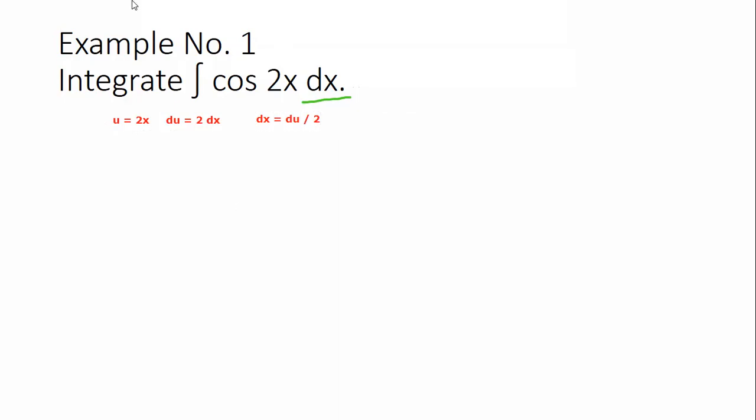After that, we substitute in the formula. This will be the integral of cosine of u, then of course du over 2.